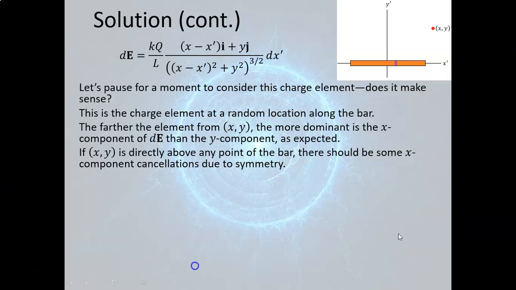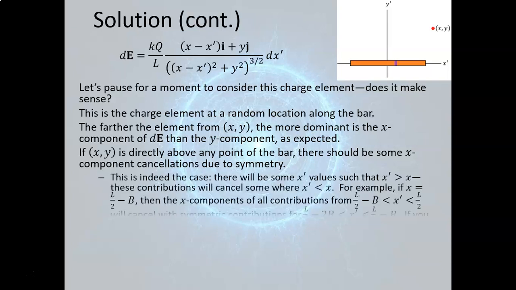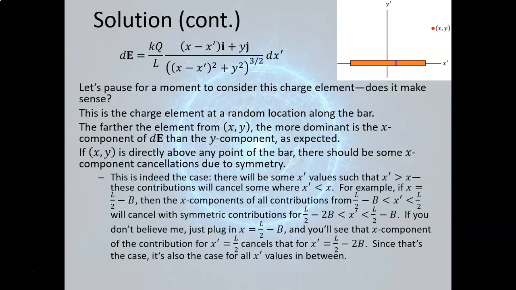Now, before we move on to actually evaluating the integral that we get once we slap an integral sign in front of our dE, let's check whether our expression even makes sense. Does it pass a reality check? It seems to make sense certainly as long as x has a value greater than the rightmost point on the right edge of the rod.